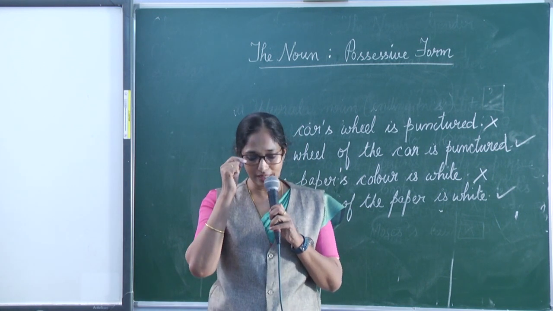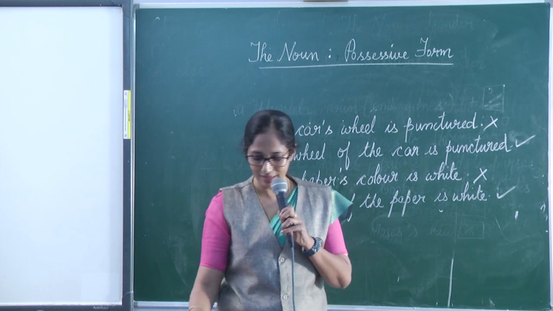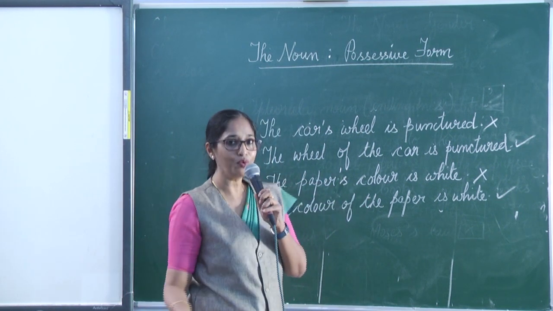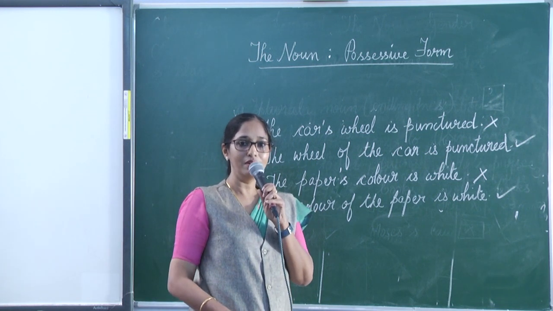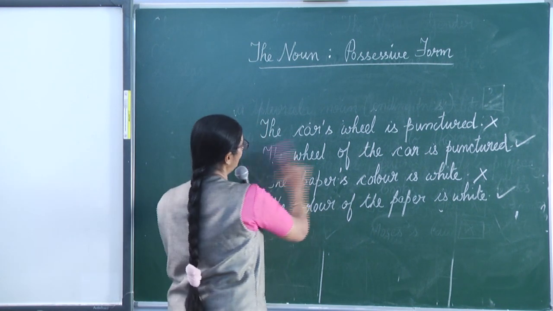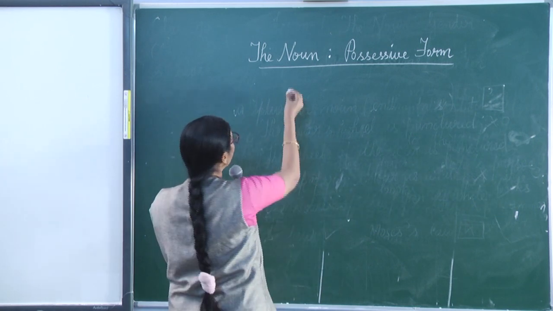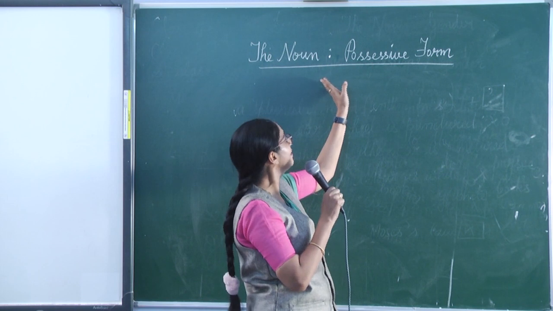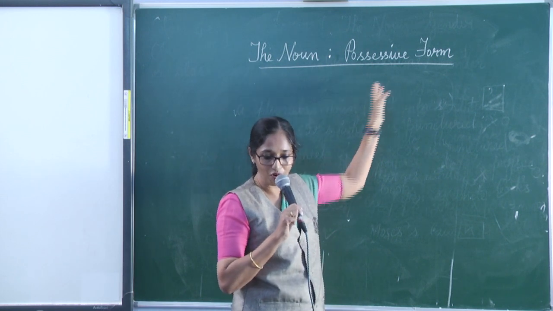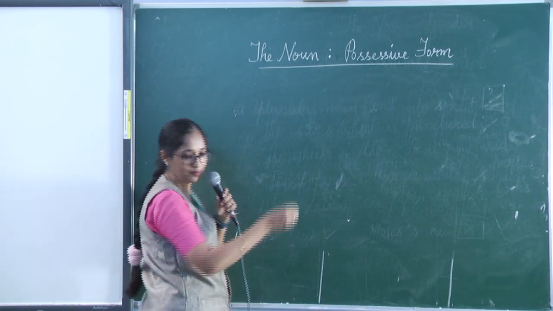So it's time to do an exercise. I would like to give you an exercise, and please do that in your grammar classwork copy. So you need to write the lesson number and the title of the lesson, the noun possessive form, and write the question.